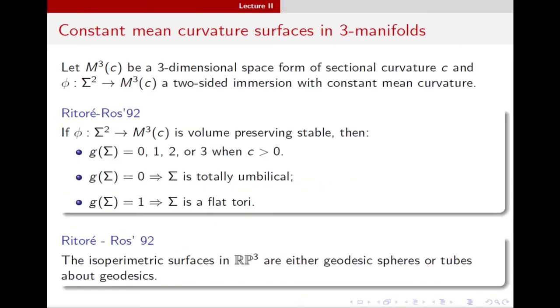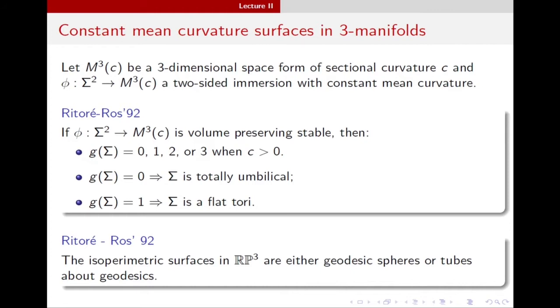Essentially, what we want to do in this video is to discuss some ideas and key ingredients in the proof of the following theorem of Ritore and Ros in 92. So first, before we describe this theorem, let me describe a little bit more about the notation.